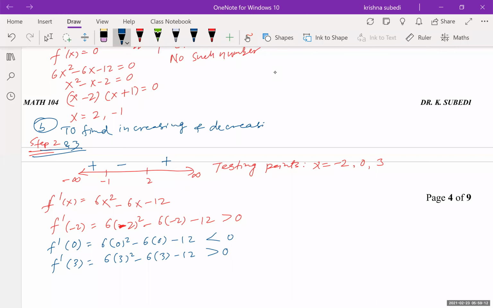What we notice is that the graph is increasing on the interval -infinity to -1 and then 2 to infinity. So in these two intervals, the graph is increasing, and it is decreasing on the interval -1 to 2.